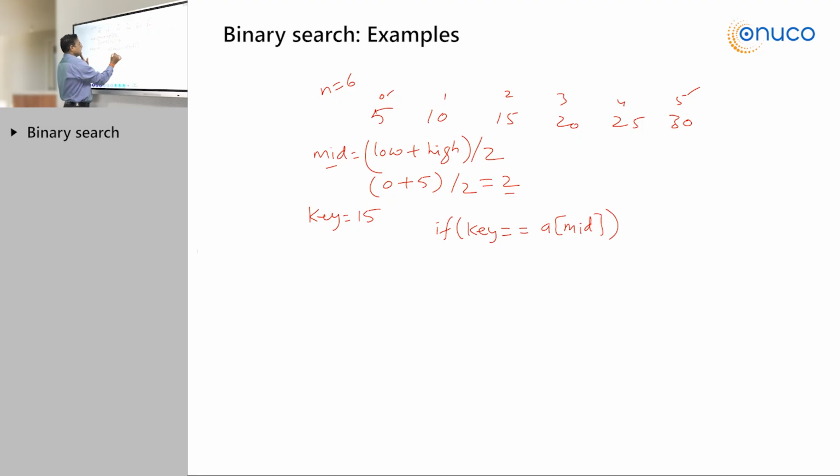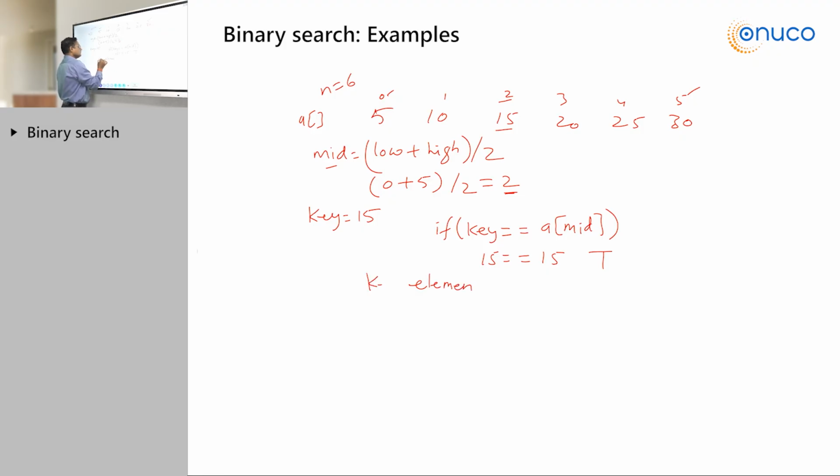Look, key is 15, and A is the name of the array. The mid index is 2, so we are talking about A of 2. What is the value? 15. So 15 and 15 are both equal. The condition is true. If the condition is true, we can say that the element is found.